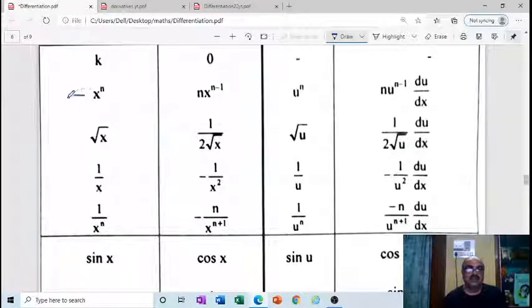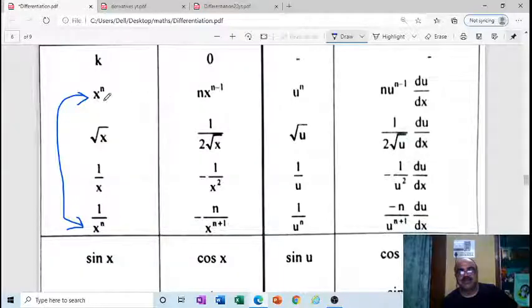Look at these two relations. n into x power n minus 1 if it is in the numerator, x power n. If it is in the denominator, 1 by x power n, or it can also be said like this, x power minus n. Then it is minus n by x power n plus 1.